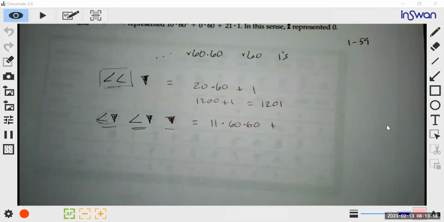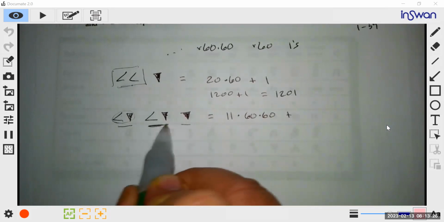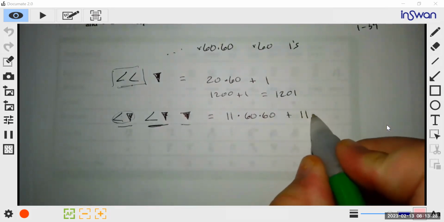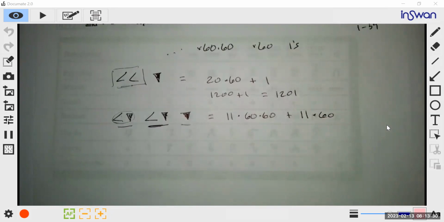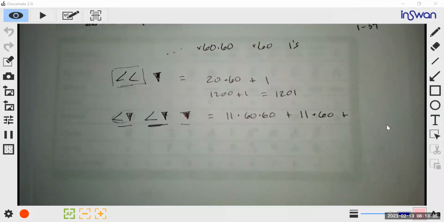And then this one, grab one of those packets over there. Then this one here is 11 times 60. And then this is in the ones column, so it's just a 1.